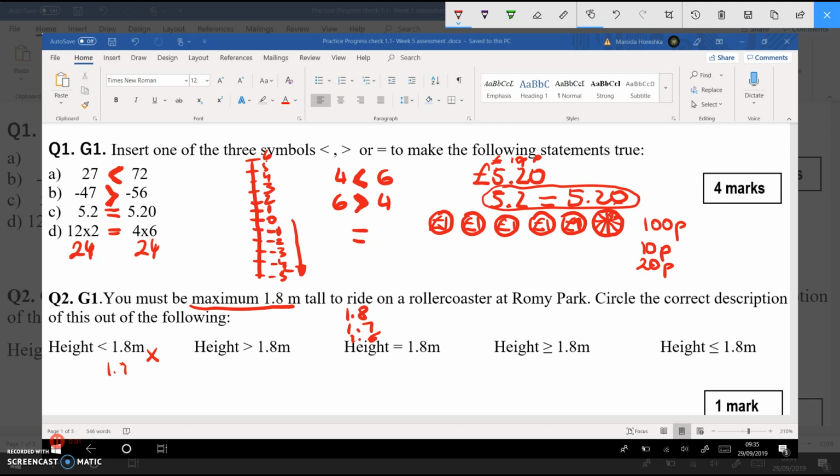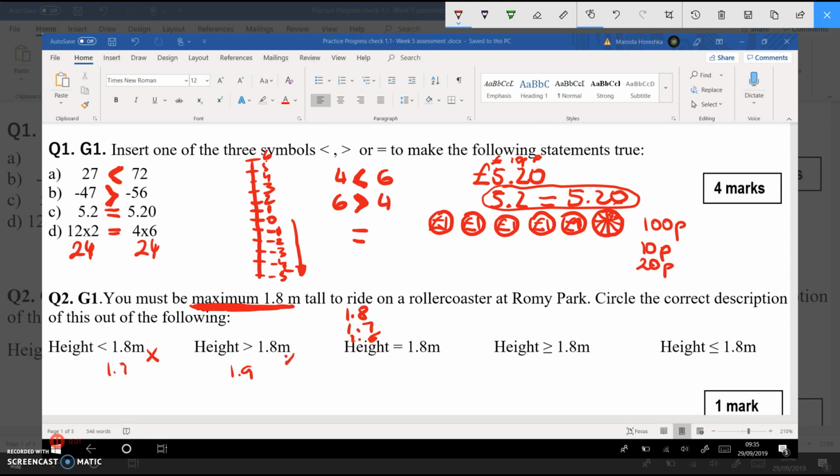Looking at the second one, we've got height being greater than 1.8. So what this means is you can have 1.9, we could have 2, you could have 2.1, you could have 1.92, but it does not include 1.8 and it's greater than. And looking at the question, we said maximum, so that's the highest value that you can take.